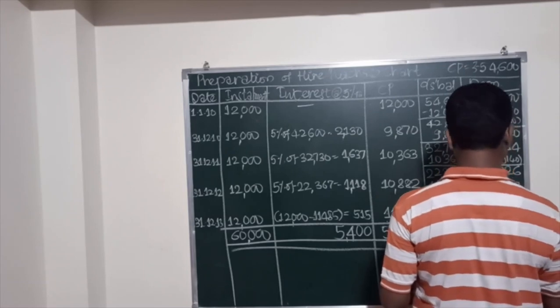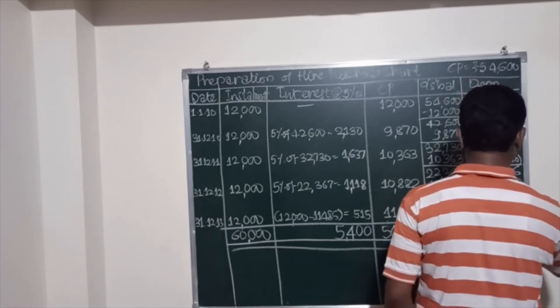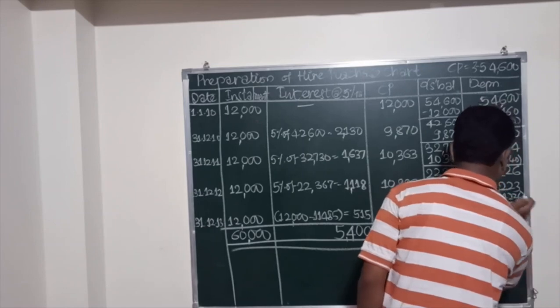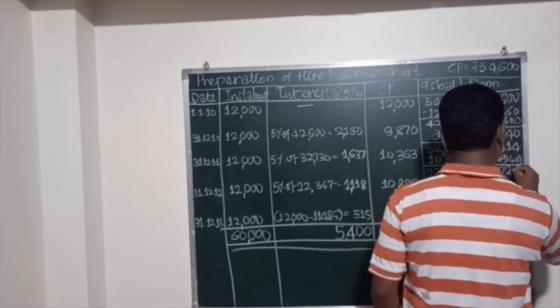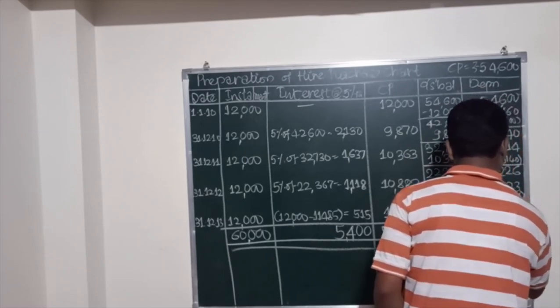So this is 4,223. 6 minus 3 is 3 here, 0 here, 0 here, so 40,003 here.